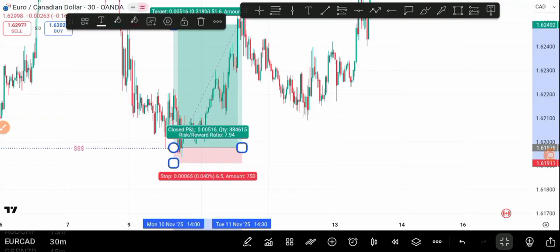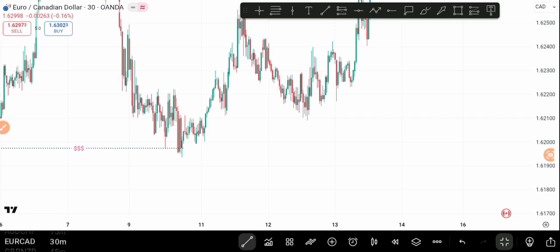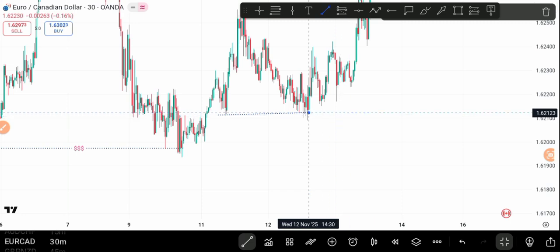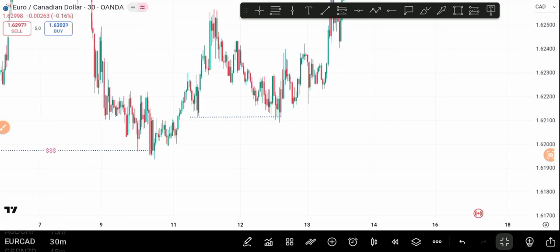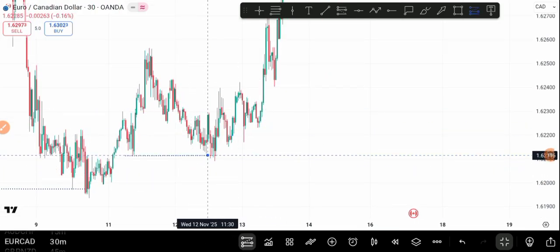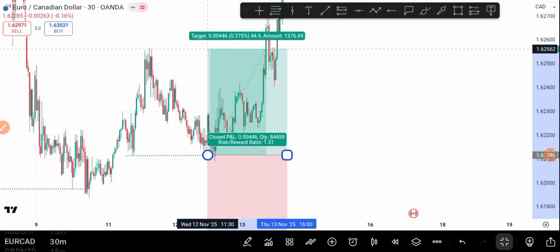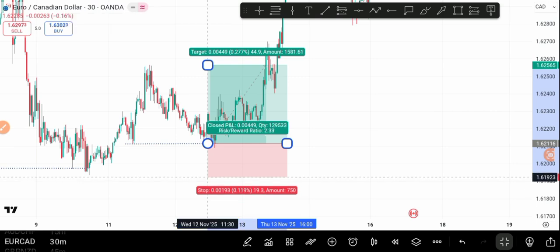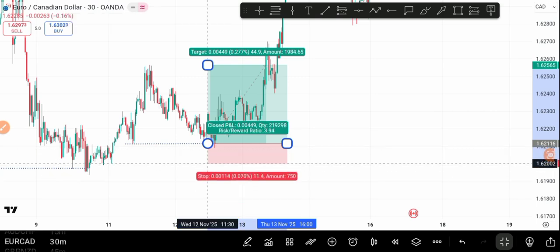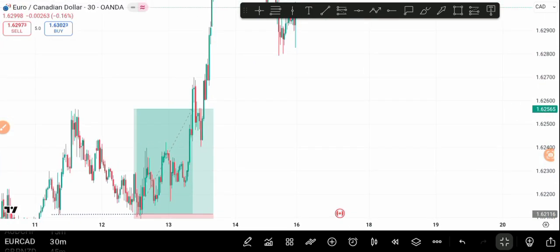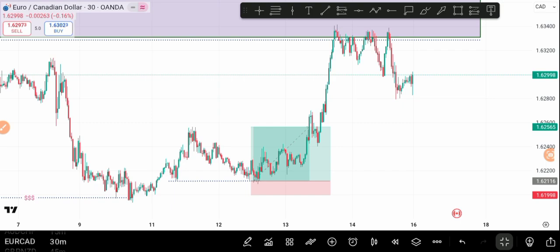There was liquidity here, so I waited for it to take this liquidity also. I waited so much, and then I entered this trade too at this point. I gave this trade to someone. I targeted this point, and then my stop loss was a bit below this order block here. Yeah, so I entered this trade too, but check what it did, right?